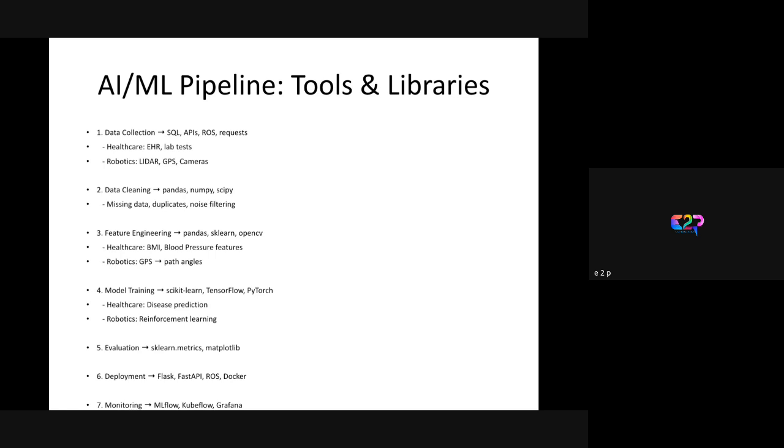All these are different sensor data collected from robotics, and all this data has to be analyzed. These are the different sources for collecting data. In healthcare, EHR and lab tests are main, and in robotics, LiDAR data, GPS data, and cameras are very much of use.